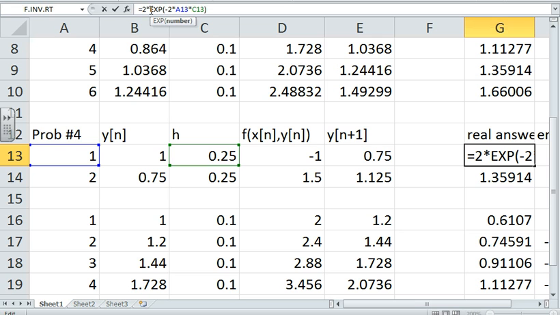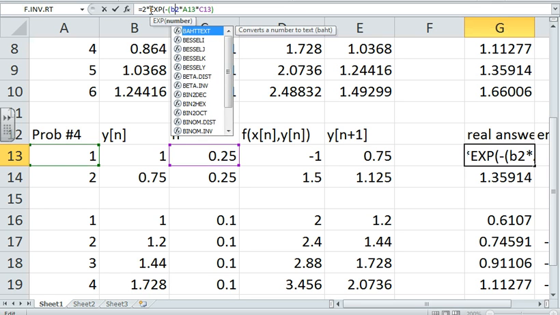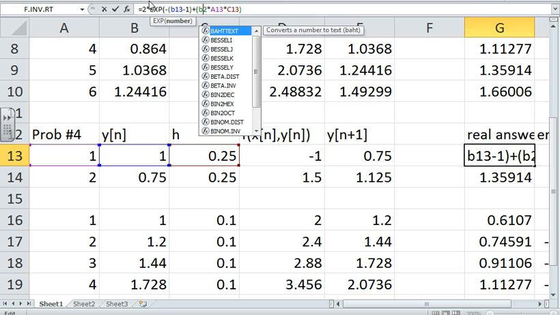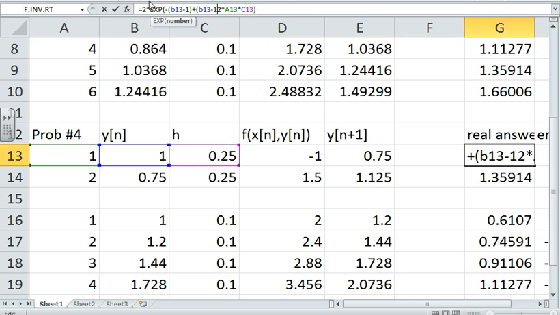And x is going to be B13 minus 1. Okay. Plus x, which is B13 minus 1. Minus 1.